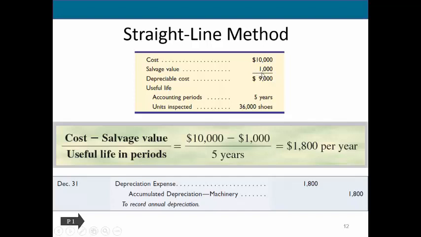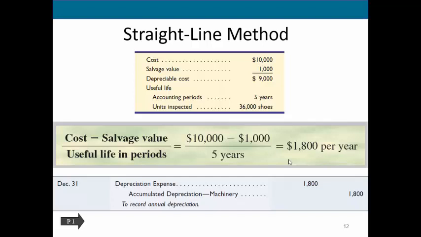When we use this asset for 5 years, it's not going to have a value of 0 at the end of that 5 years. It still has a value of $1,000 because we're going to sell it for $1,000. So there's no reason in depreciating that last $1,000. So we take that out of our numerator up here. So $9,000 divided by 5 years tells us that we will depreciate $1,800 each year for the next 5 years.